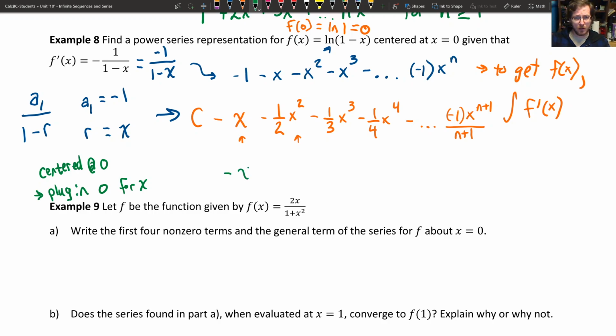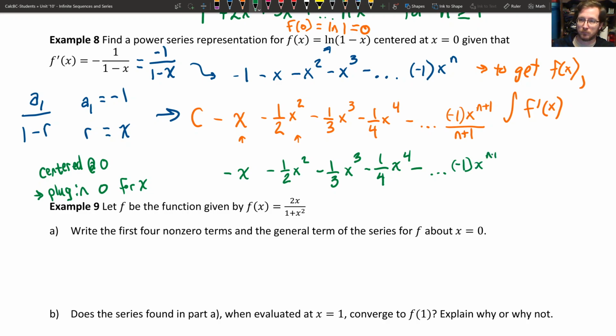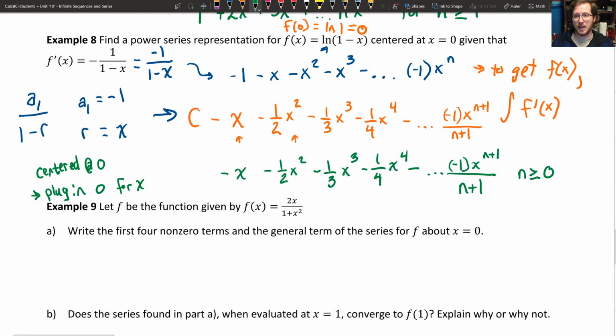So we're just left with the opposite of x minus 1/2 x squared, and so on. And again, this is for n values at least 0. So we've got our power series representation for our function f of x.